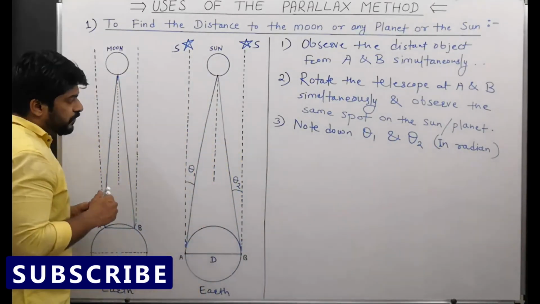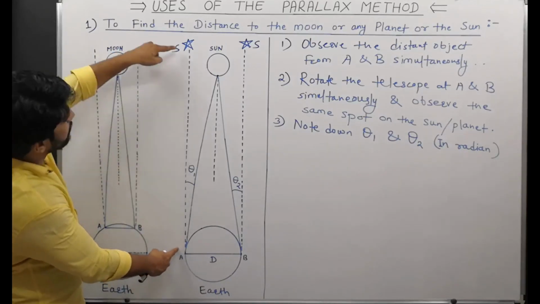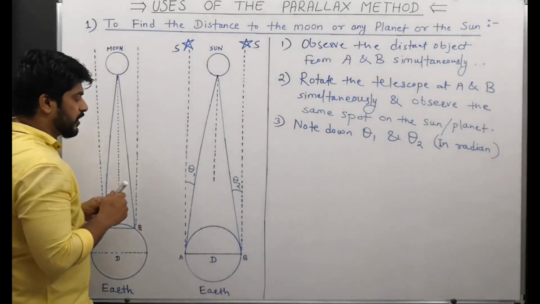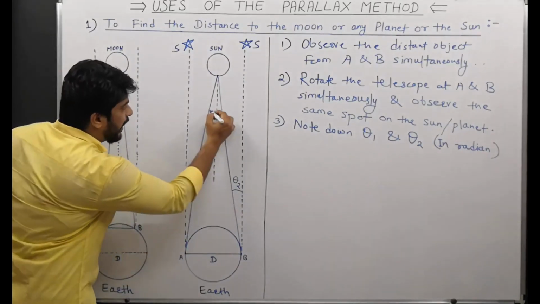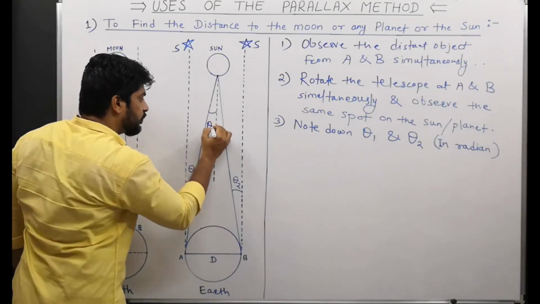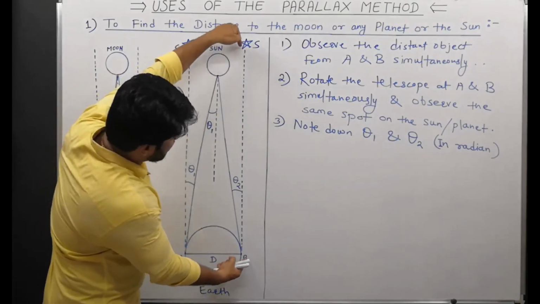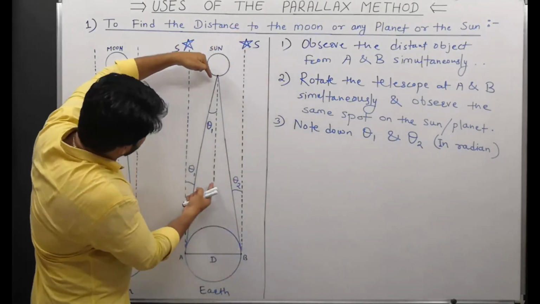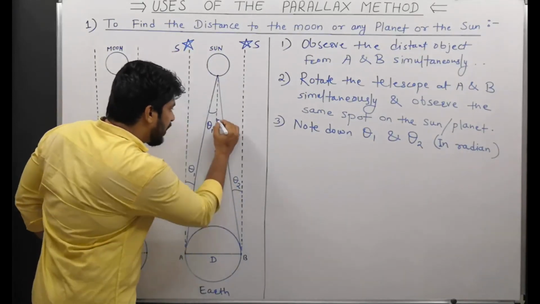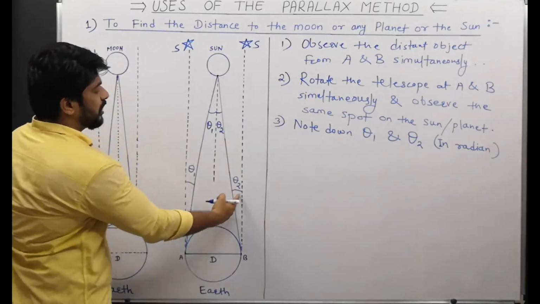See here, if you look at this diagram carefully, you can see this line and this line are parallel. So that means this angle and this angle must be the same. So this angle would also be theta1. And you can see again over here, this line and this line are again parallel, so this angle and this angle must be the same, theta2.